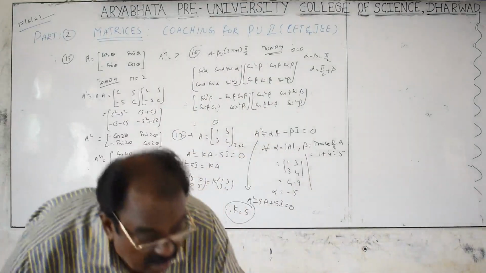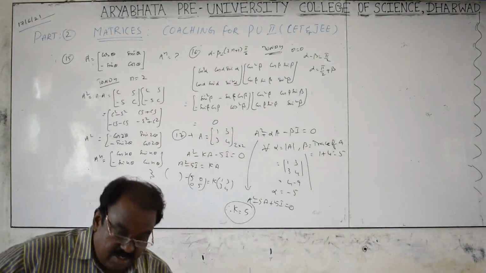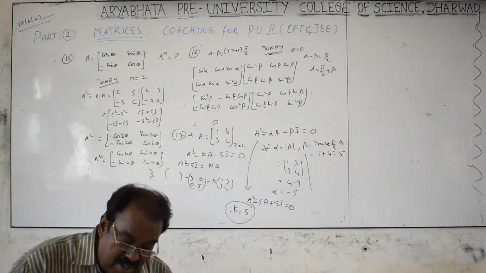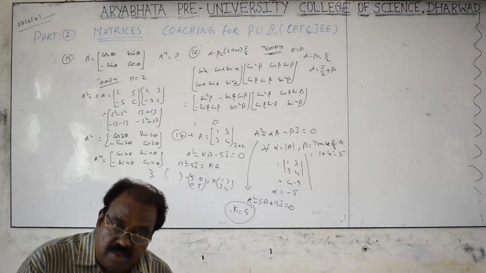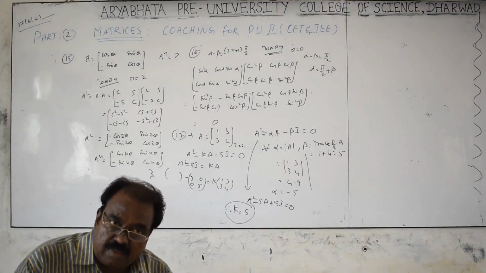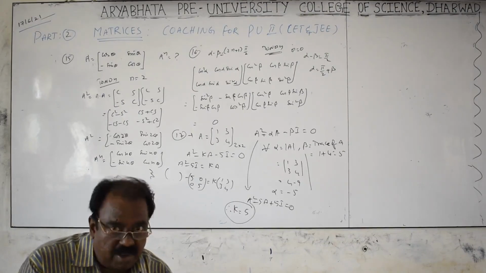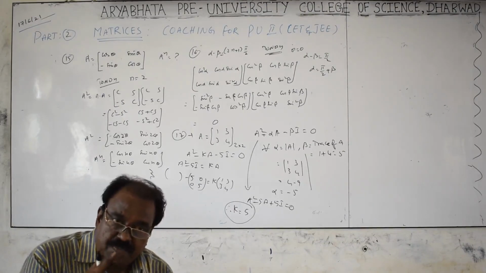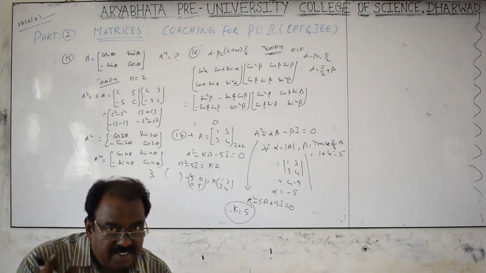18th: A, B are two matrices such that AB and A plus B are defined. AB, that product, is defined means A is the first matrix and B is the second matrix, and the number of columns of the first matrix A must be equal to the number of rows of the second matrix.